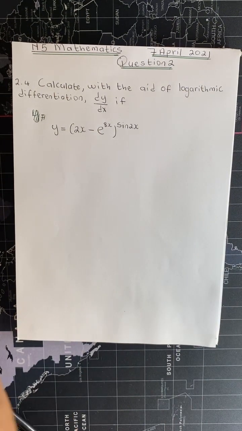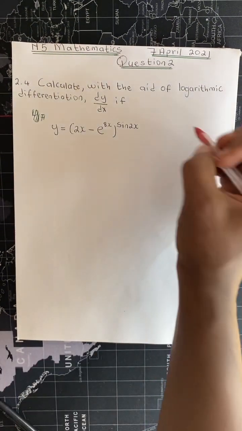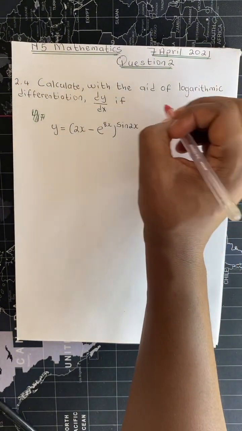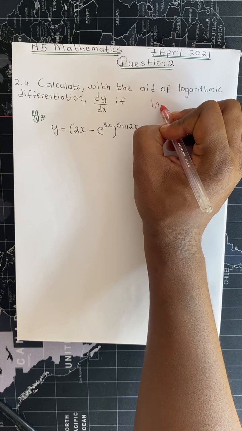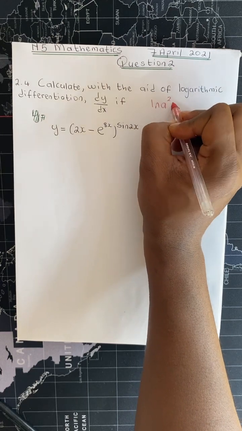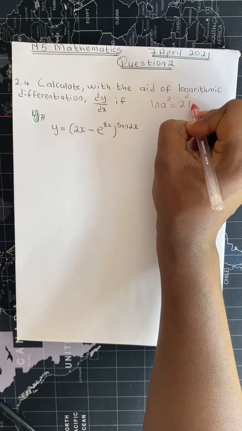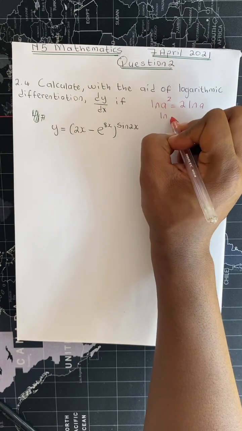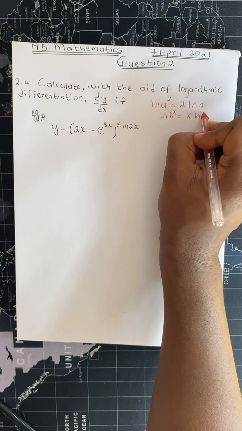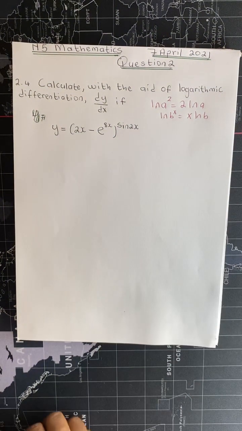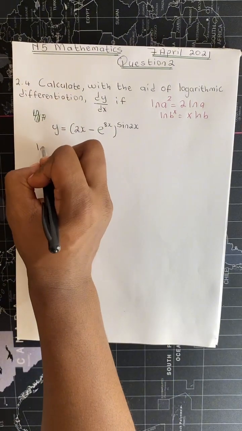We know with our logarithmic laws, if you have ln of a to the power 2, this will be 2 ln a, or ln of b raised to the power x will be equal to x ln b. So in our case, we introduce ln both sides.